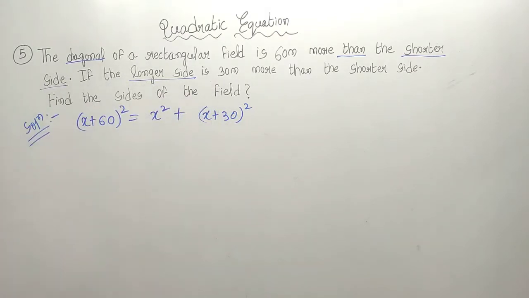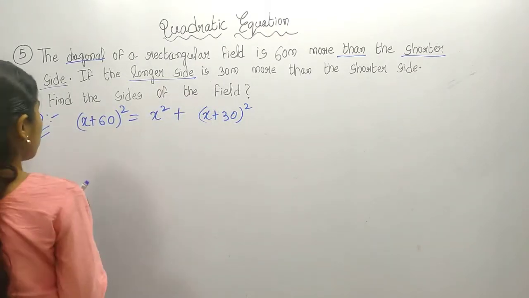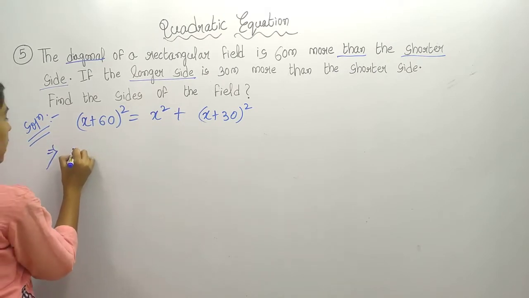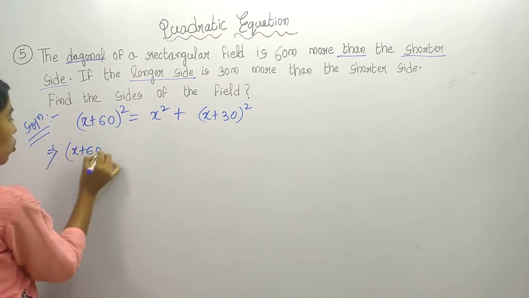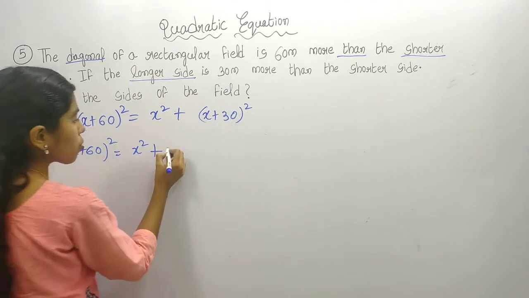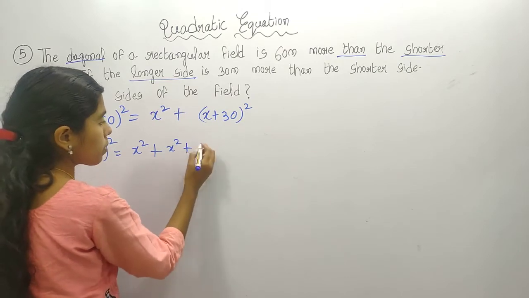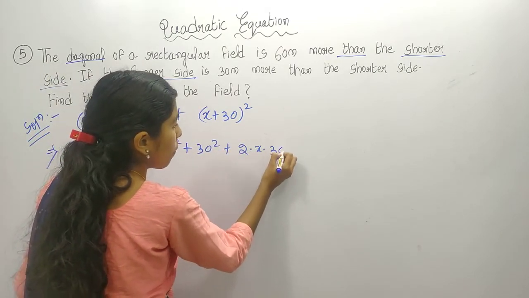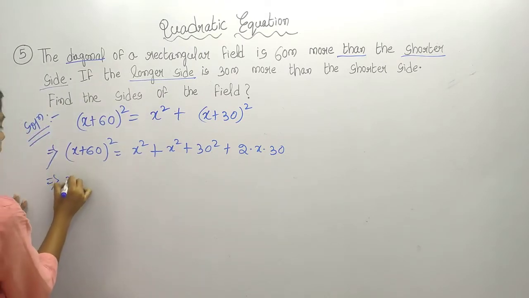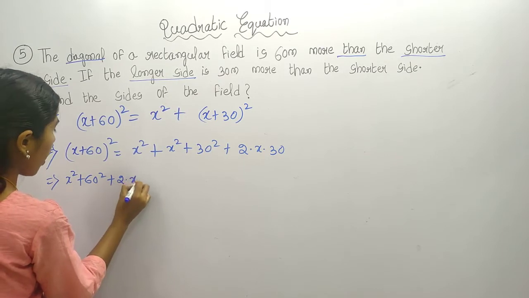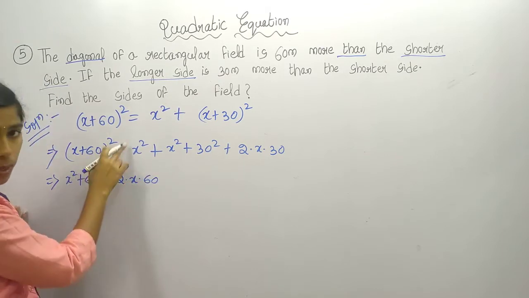Next, what will happen then? So that implies x plus 60 whole square equals x square plus a plus b whole square, a square plus b square plus 2 into a into b. You open this one also, a square plus b square plus 2ab.